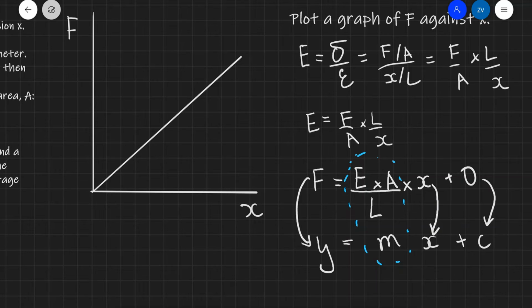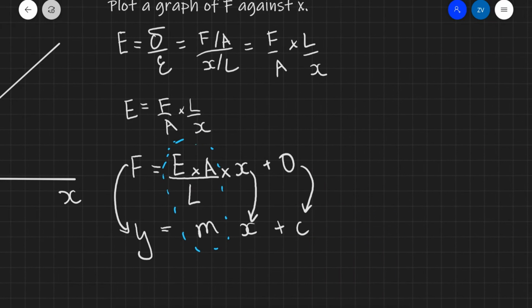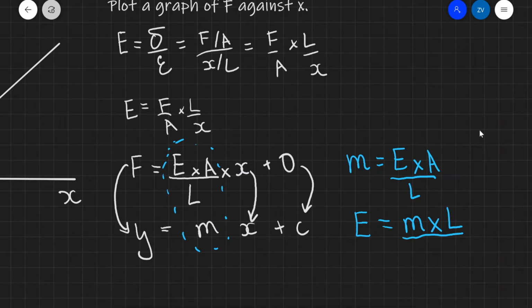So let's write this over here on the side, that our gradient m will be equal to Young's modulus times the cross-sectional area divided by the original length, which means that our Young's modulus, which is what we're looking for in this case, will be equal to the value of our gradient multiplied by the original length of the wire divided by the cross-sectional area. Okay, folks, so hopefully this experiment makes sense now.